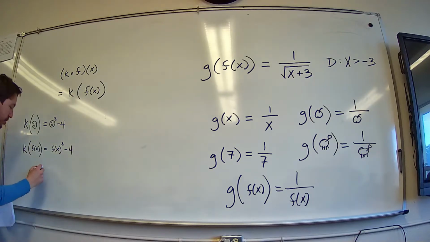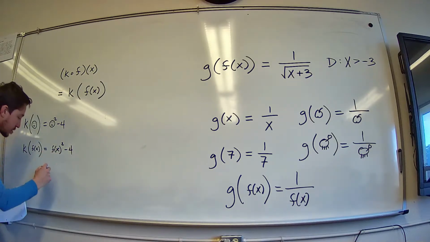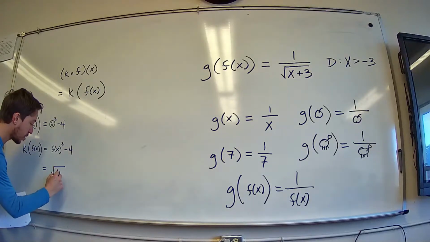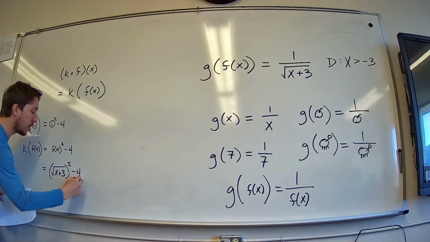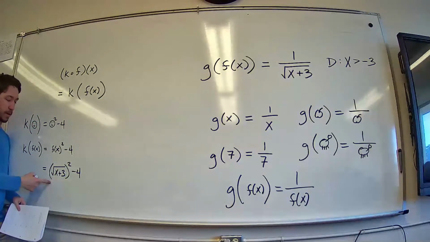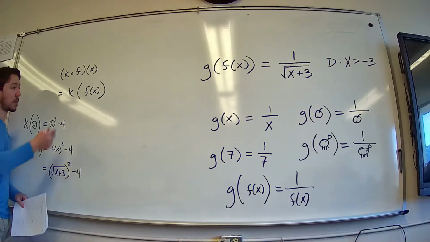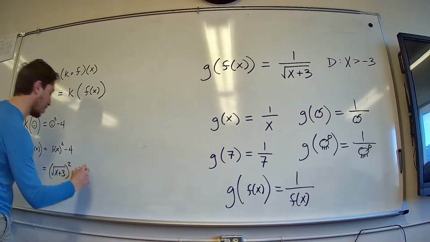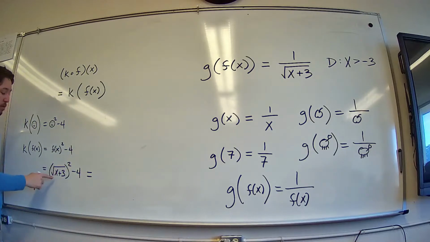Okay, so what's f of x? The square root of x plus 3. Now, can I simplify this a little bit? Because the square root of x plus 3 squared is just x plus 3.